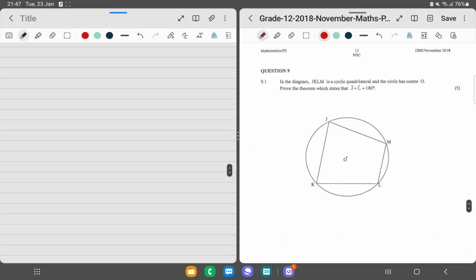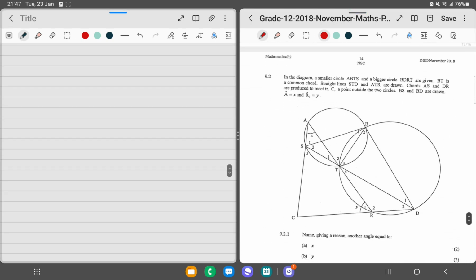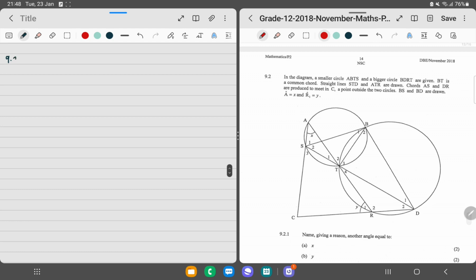Question 9.1, that's a proof. And then 9.2. In the diagram, a smaller circle ABTS and a bigger circle BDRT are given. BT is a common chord.